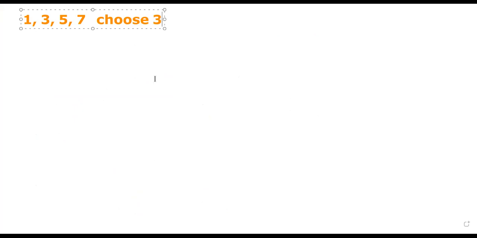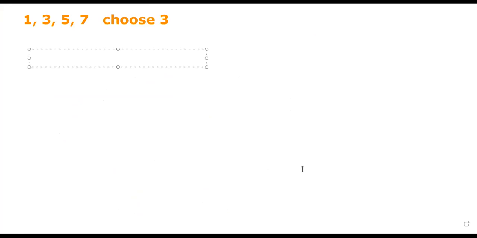Okay, so let us start from the lowest number. What are all the numbers that it can be? So it can be 135. Now let me separate them a little bit, for the reason that it will be very clear later.